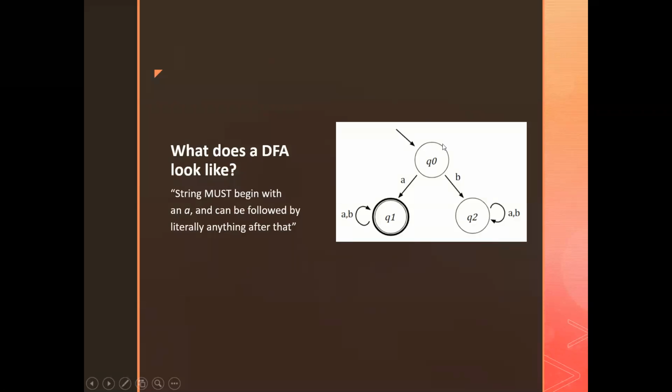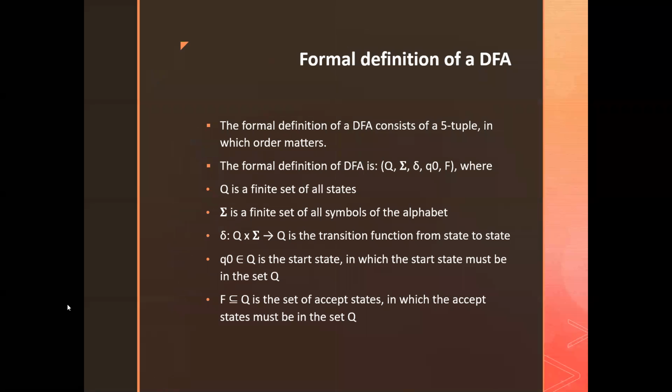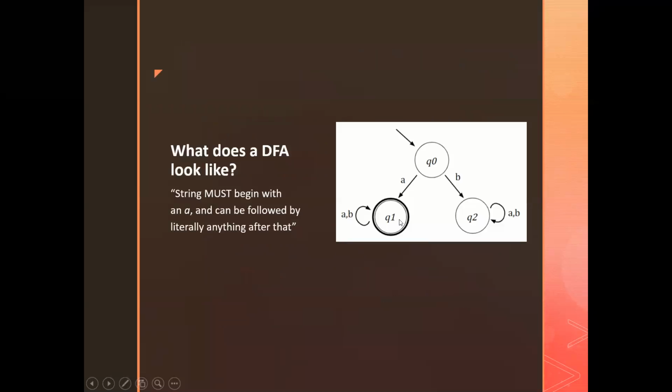If this arrow points to Q0, it means Q0 is the start state. Then Q1 is your final state, and Q1 belongs to capital Q, and that is the reason it is mentioned that F is a subset of Q. Q1 is a final state, marked with these concentric circles.